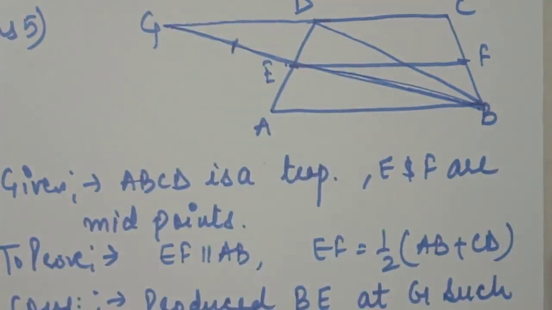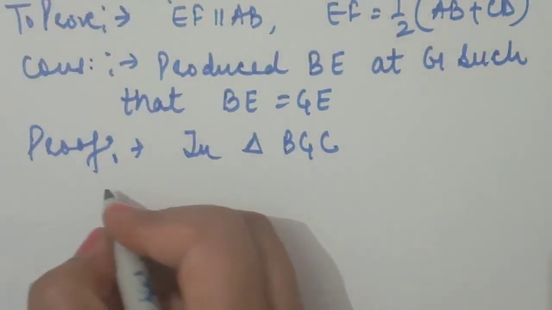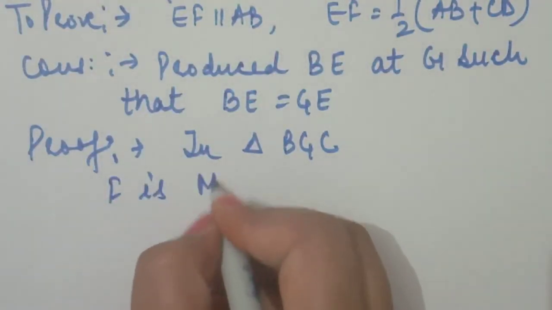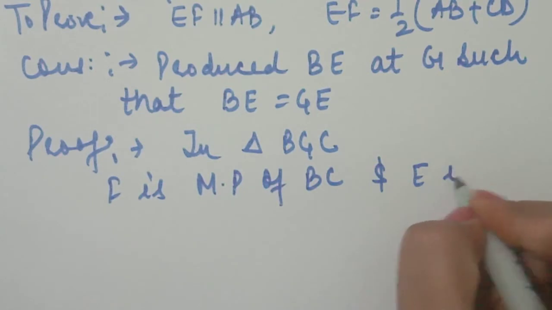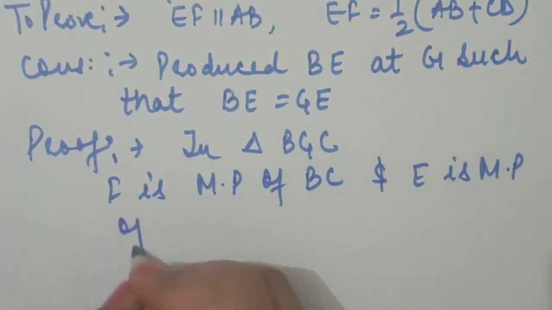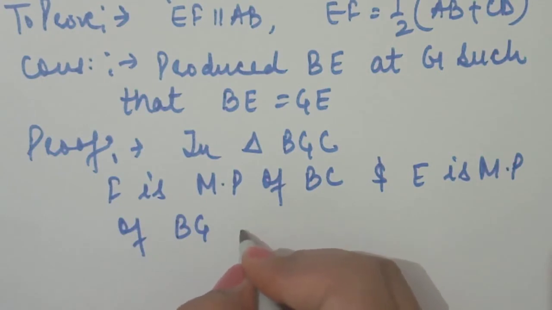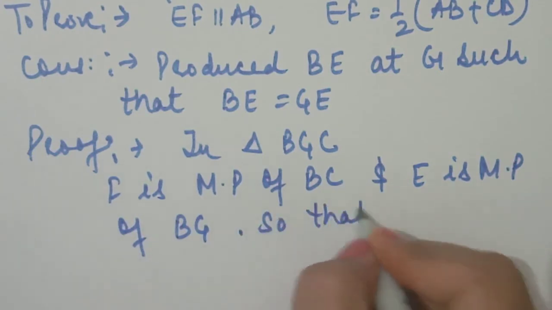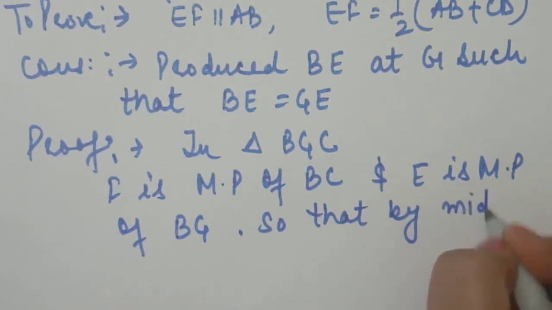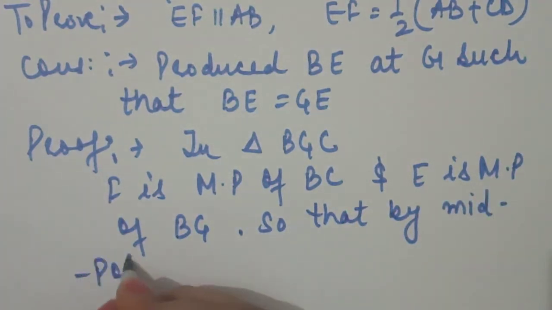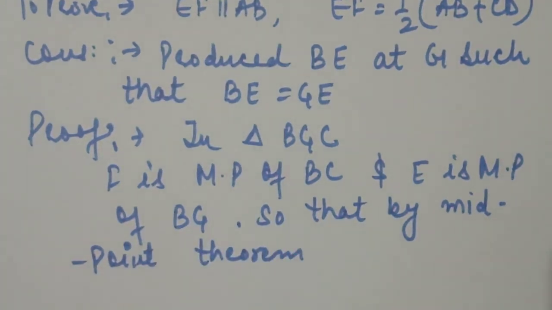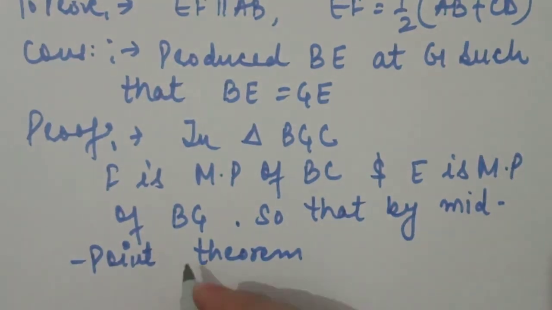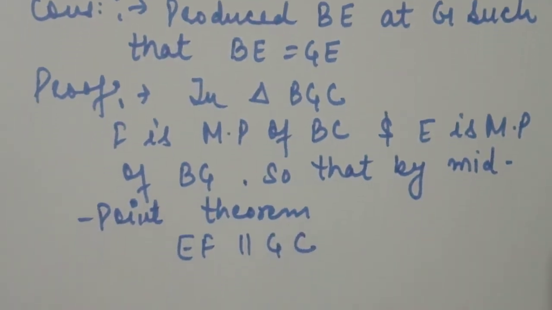So according to the midpoint theorem, EF is parallel to GC.